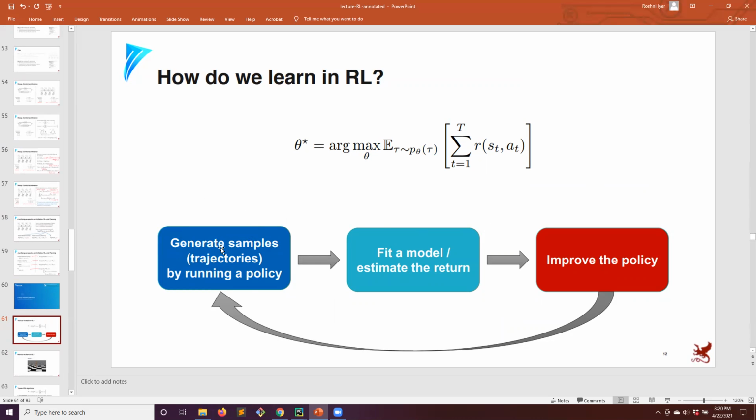We generate samples, then we fit a model and estimate the return from those trajectories, and from that we get a policy and improve it, and from that new policy we again repeat the process. So we keep refining this policy until it reaches the optimal policy. This is a very high level overview. Now we're going to talk about this in more detail.